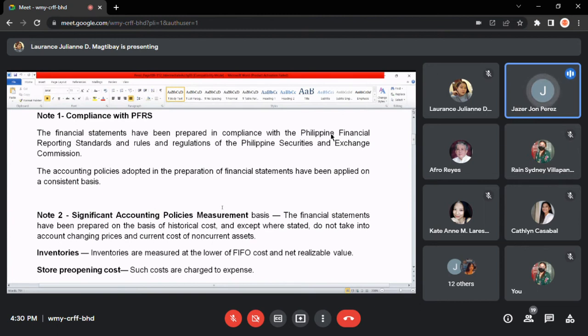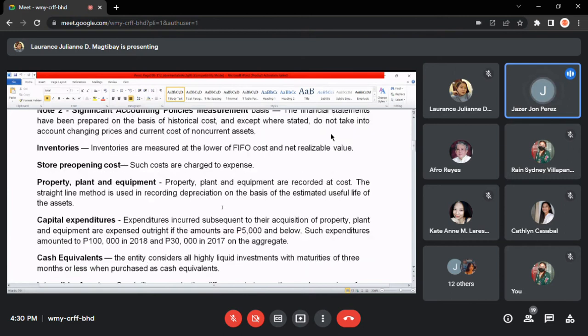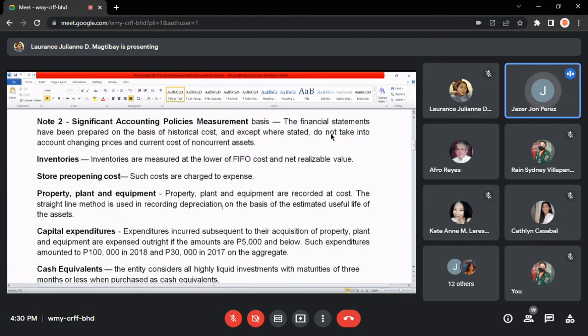And for the second note, Note 2, significant accounting policies, measurement basis. The financial statements have been prepared on the basis of historical cost, and except where stated, do not take into account changing prices and current cost of non-current assets.